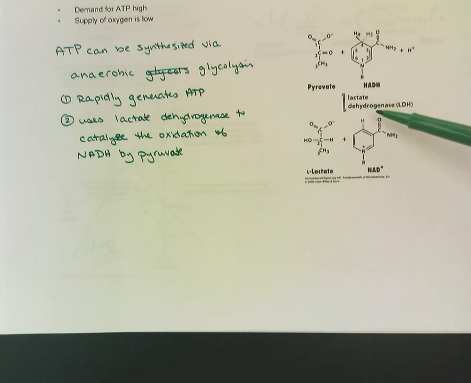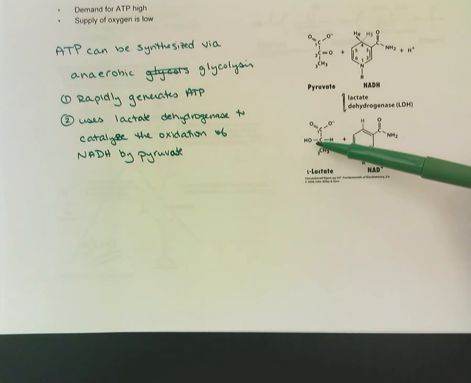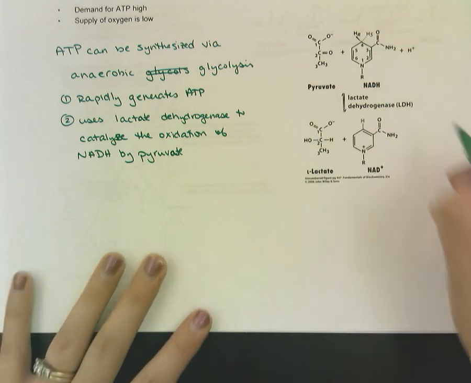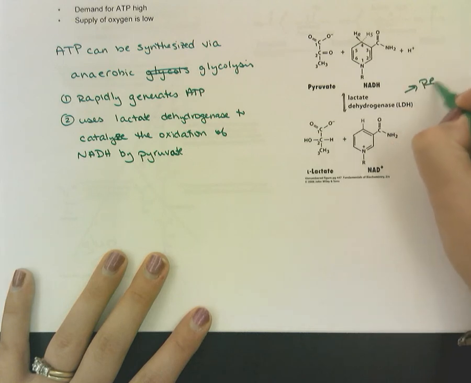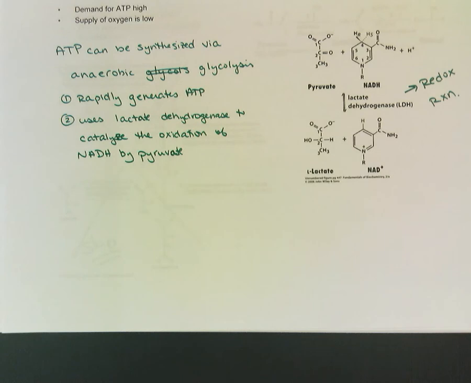We're going to reduce that ketone to an alcohol. And by doing that, that's going to turn my NADH into NAD+. Right, so just a regular oxidation reduction reaction. So I've reduced pyruvate, and I'm going to oxidize NADH.